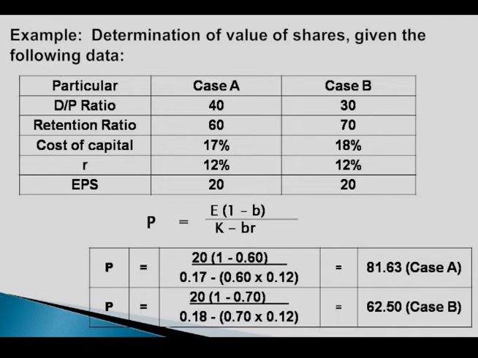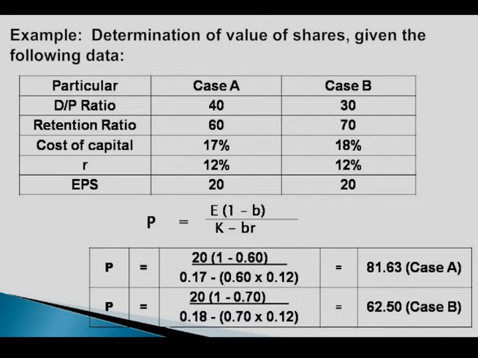When the DP ratio in case A is 40, the market price of share is 81 rupees. In case B, the DP ratio is 30, so the market price of share is 62, which is less than 81. So it clearly states that the dividend ratio has a profound effect on the market price of company shares.